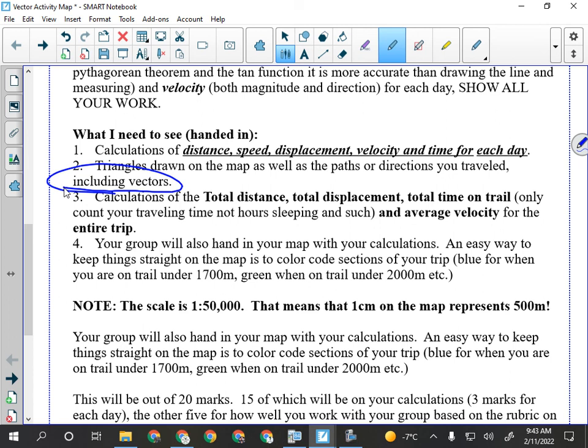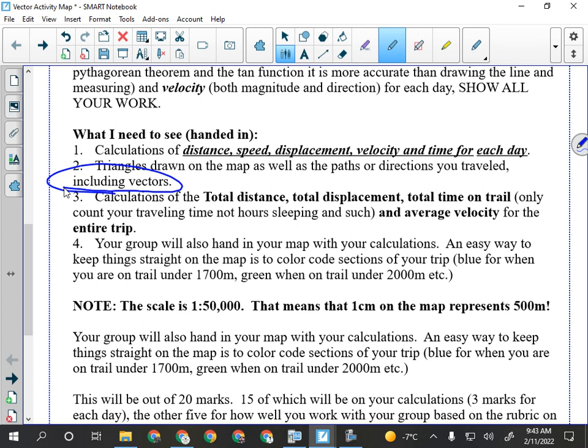Please do that. It'll really affect your mark in a negative way if you don't have vectors in something called vector activity. So please make sure they're there. Calculations of total distance, total displacement, total time on trail, average velocity, and average speed for the entire trip. And you'll hand in your map along with your calculations.